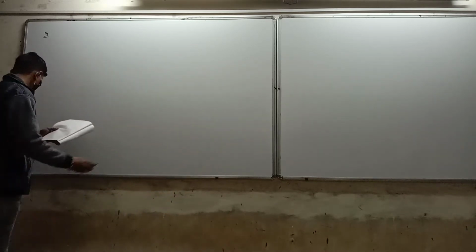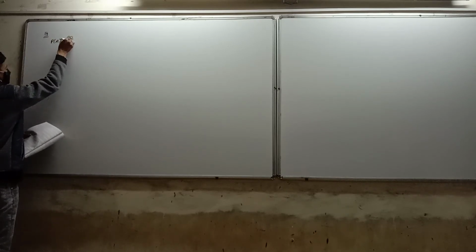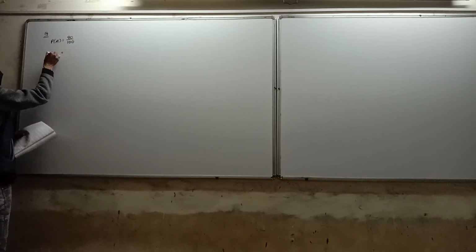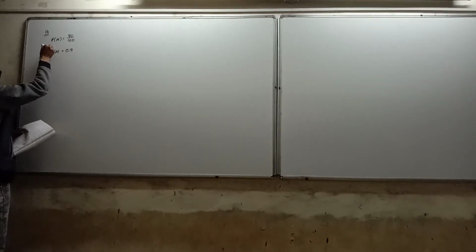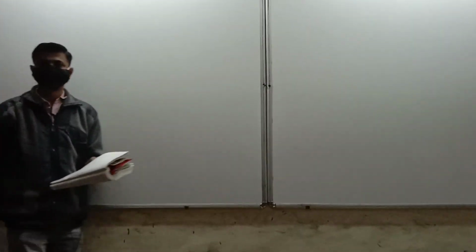New line, P of A is equal to 90 by 100. So probability P of A is 0.9.